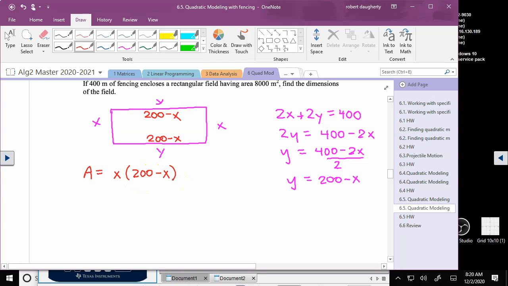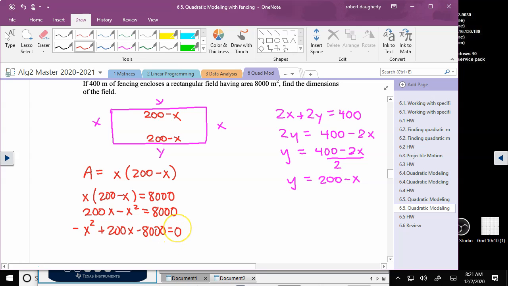I know that the area is 8,000. So you have X times (200 minus X) equal 8,000. This means that 200X minus X squared equals 8,000. Therefore, minus X squared plus 200X minus 8,000 is equal to 0.